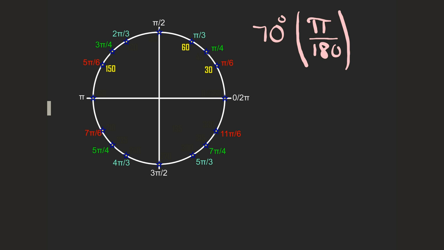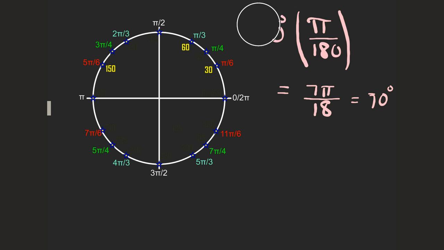That would be essentially 7 pi over 18. So that's the conversion factor from degrees to radians. 7 pi over 18 is equivalent to 70 degrees. They're the same, both talking about the same thing.